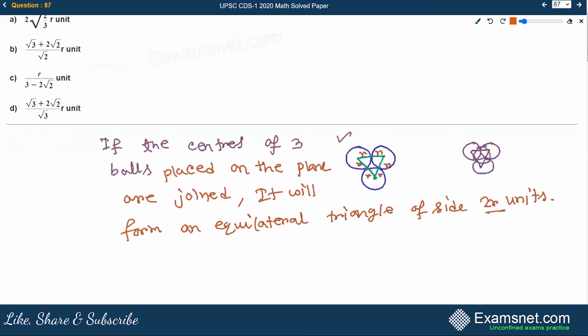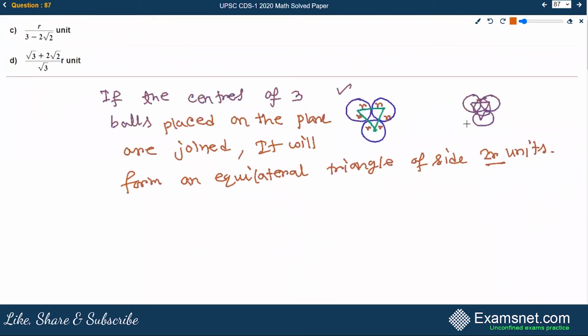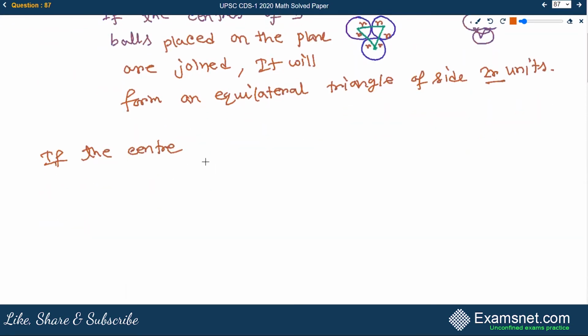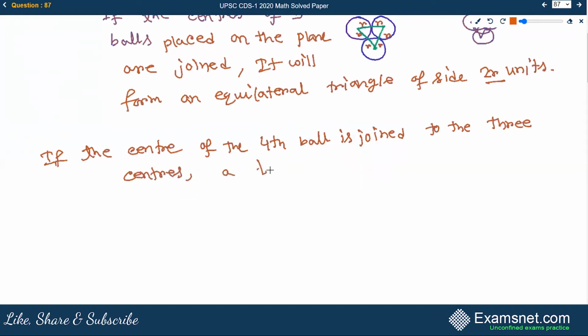Okay. Now, if the center of the 4th ball is joined to these 3 centers, a triangular pyramid will be formed.